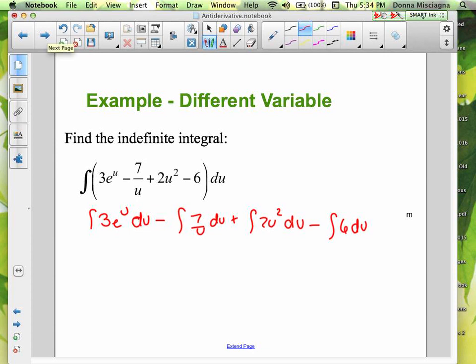Okay? We could factor out the coefficients. So we have 3, it's our constant multiple there. So 3 integral e to the u du minus 7 integral 1 over u du plus 2 integral u squared du, and, well, I could factor out the 6 du.